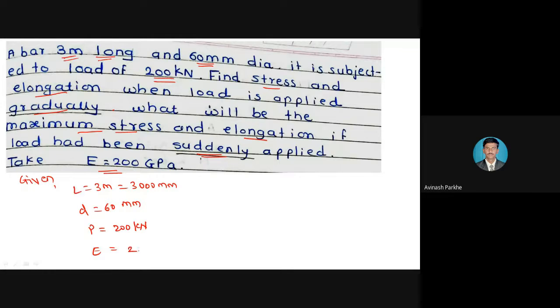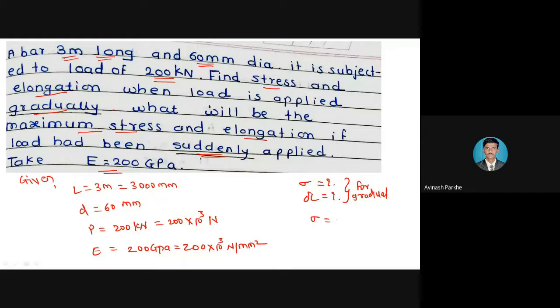Capital E is equal to 200 gigapascal, which is equal to 200 into 10 raised to 3 Newton per mm square. Similarly, P is 200 into 10 raised to 3 Newton. And we have to calculate sigma and the elongation for the gradual case.